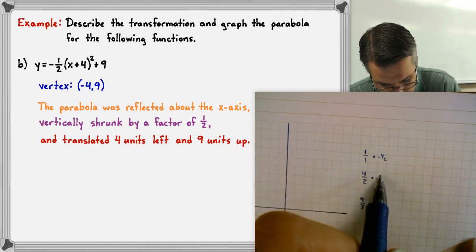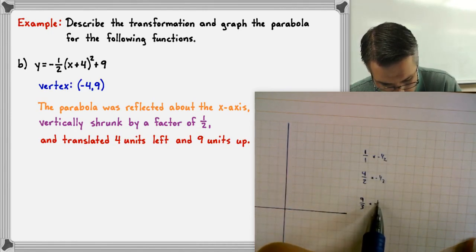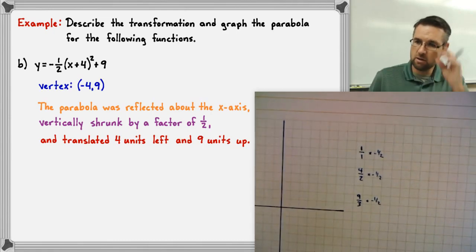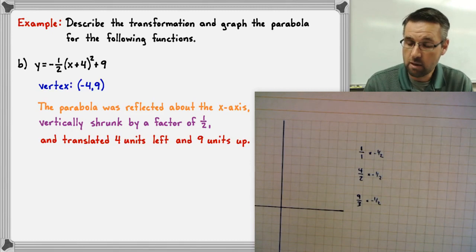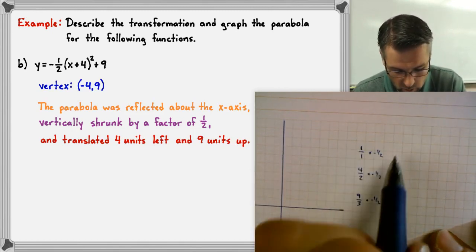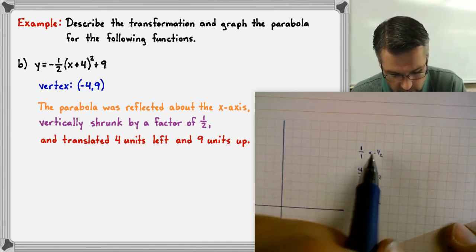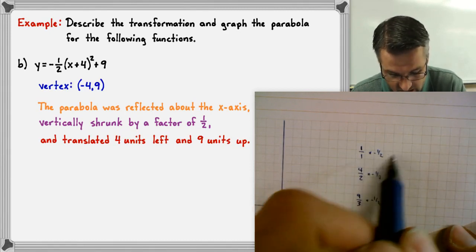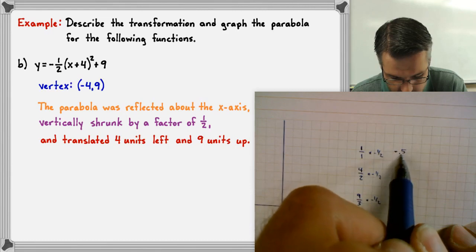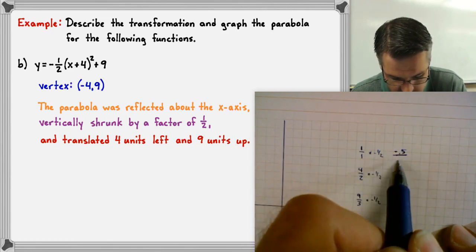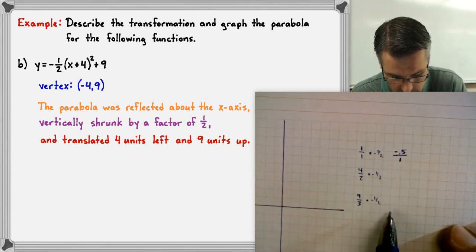What's another way of saying 1/2? Well, if you convert 1/2 to decimals, that's 0.5. So when I multiply this by 1/2, this is going to look kind of weird, but I'm really multiplying it by 0.5. So the top becomes negative 0.5, and the denominator stays the same, so it would be over 1.